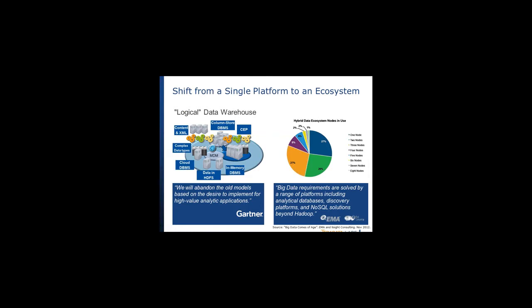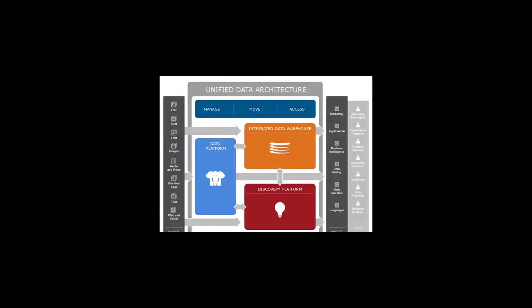But it does give them those workload-specific platforms to support lots of different applications, users, and use cases. And the other graphic on the right talks about, on average, from the research that these guys did, EMA and Ninesight Consulting, on average, people have 3 to 5 different systems to go at big data. So Hadoop, the data warehouse, and discovery platforms are all part of that story in terms of supporting the enterprise.